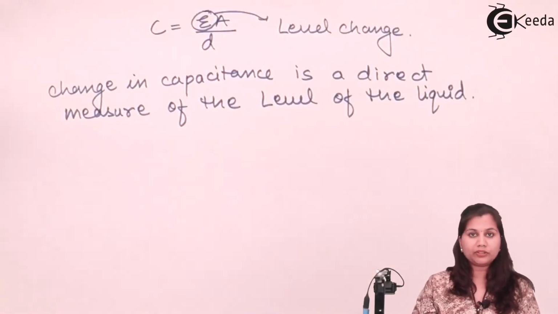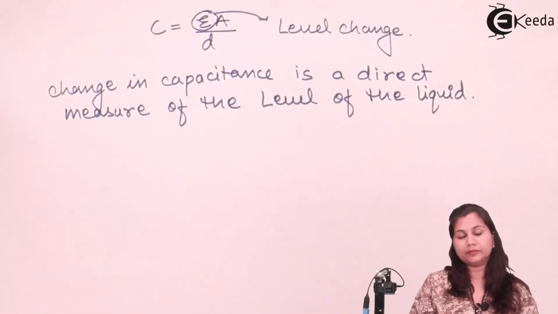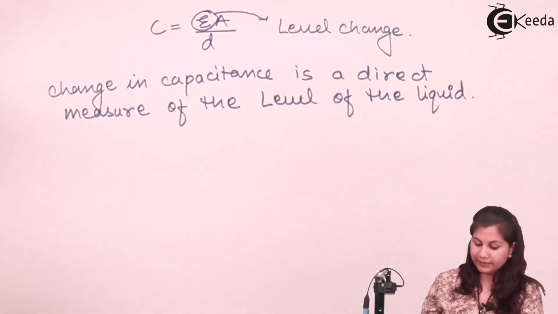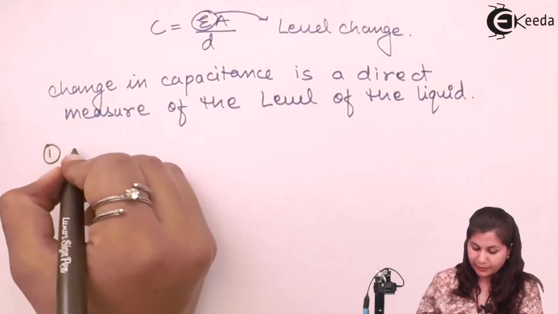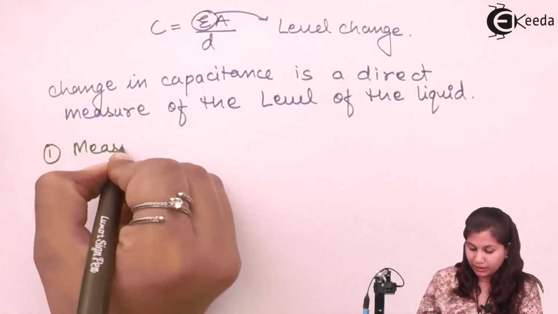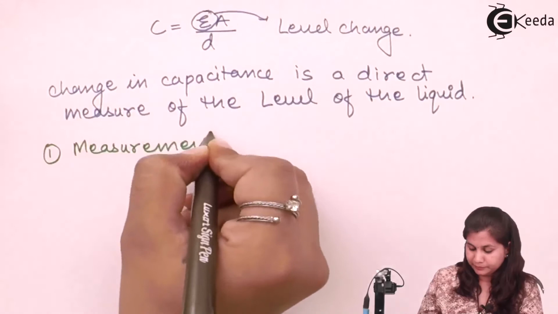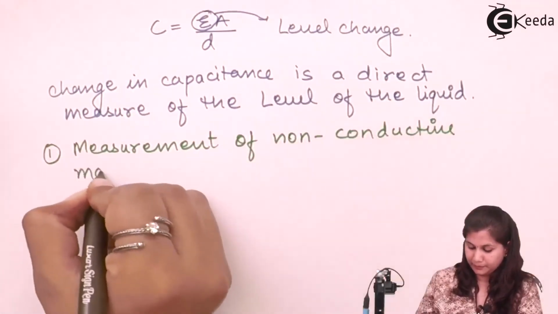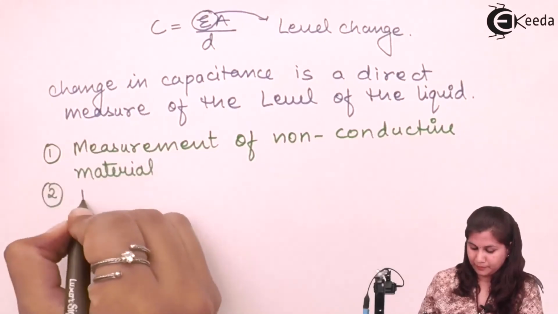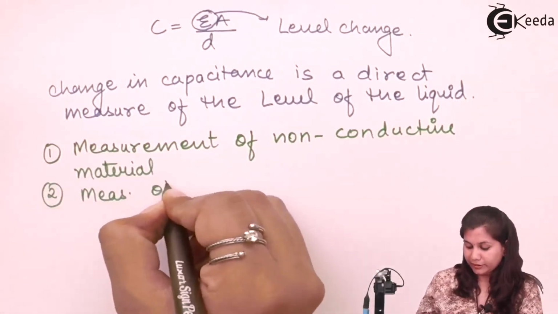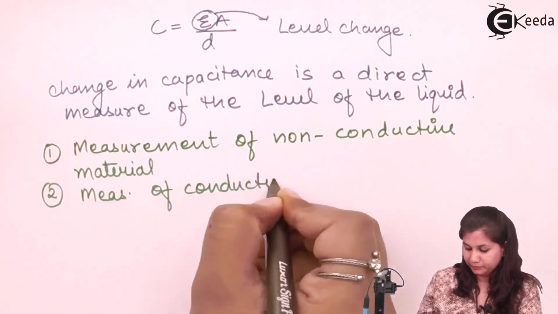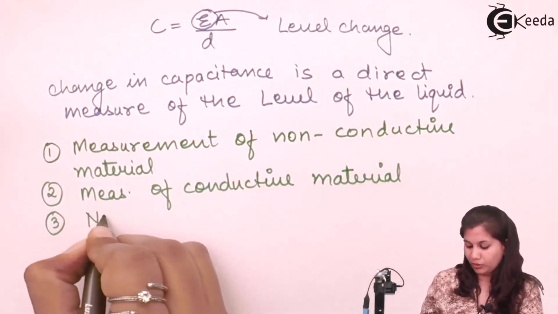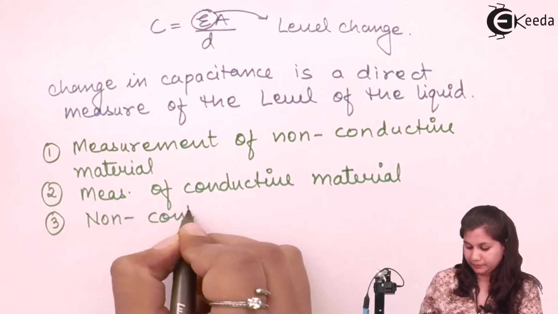Now the measurement of the liquid level by capacitance level sensors is of three types: measurement of non-conductive material, measurement of conductive material, and non-contact measurement.